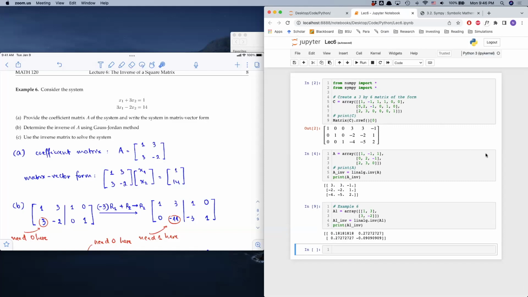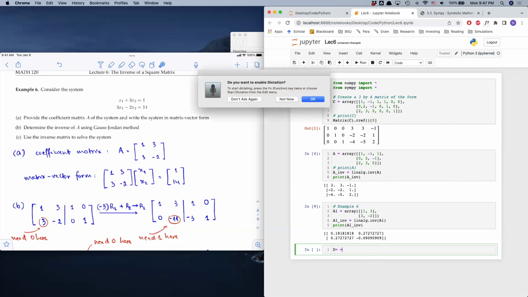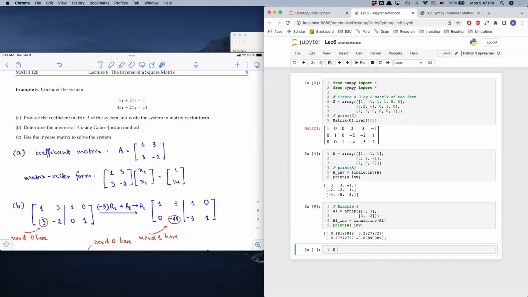So if you want to see the fraction form of the matrix, I guess we have to create the augmented matrix of the form array.